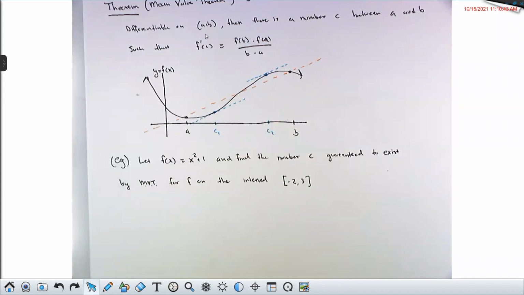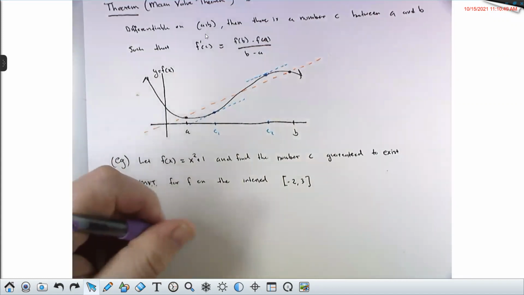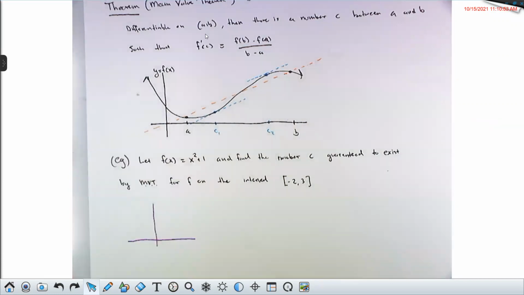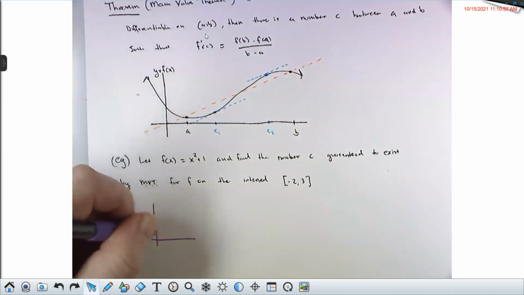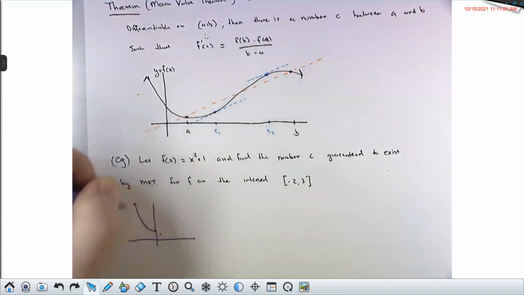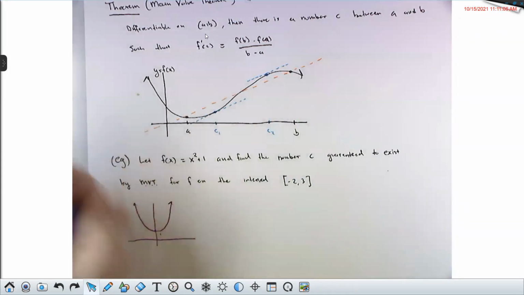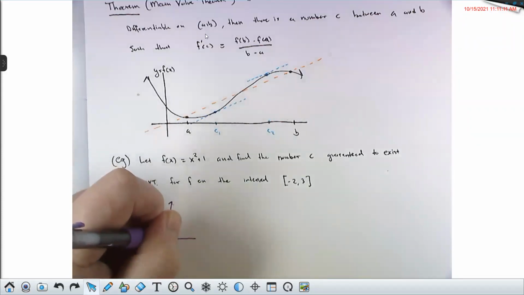I can draw the graph of f of x really quick, and it's never a bad idea to do that. It's also important to verify or check that this thing is both continuous on the closed interval and differentiable on the open interval. Because f here is a polynomial, of course that's true. Polynomials are continuous and differentiable everywhere. So I'll call this -2, and I'll call this +3.